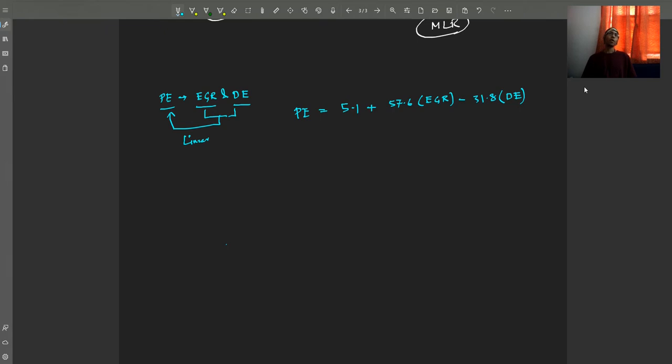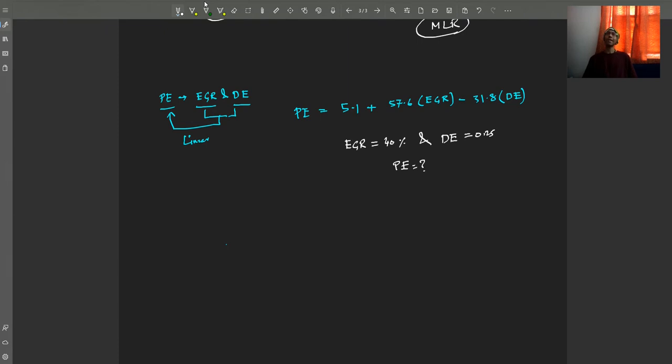Now we need to find out the PE ratio of a stock whose earnings growth rate is 40% and DE ratio is 0.25. Now what is the PE ratio? This is what we need to find out, right?